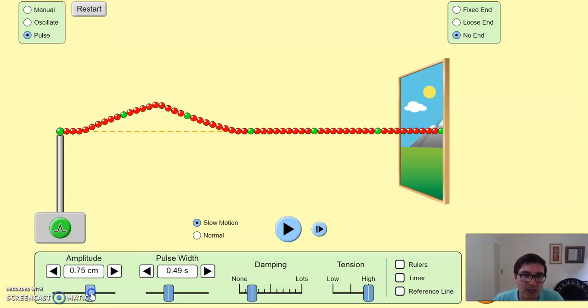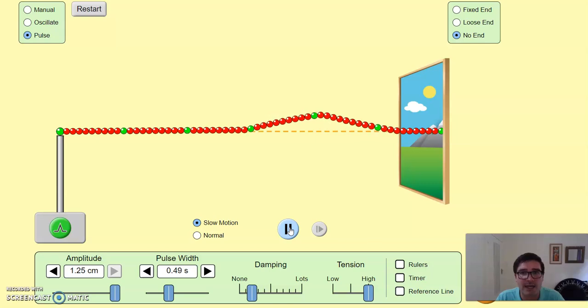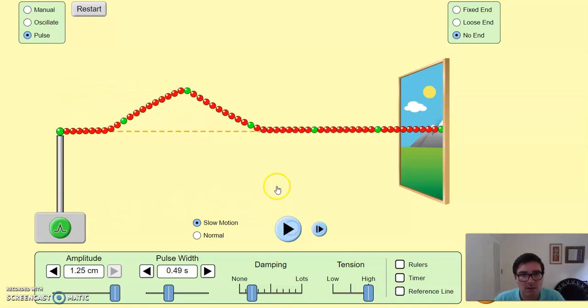Now, if I increase the amplitude over here, and I'm just going to let this pulse finish first before generating another one. So there it goes. So now I've increased the amplitude. Now you will see the displacement from the rest position is much greater.